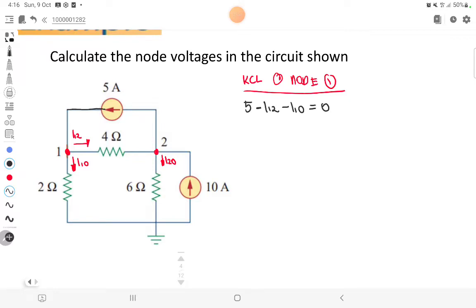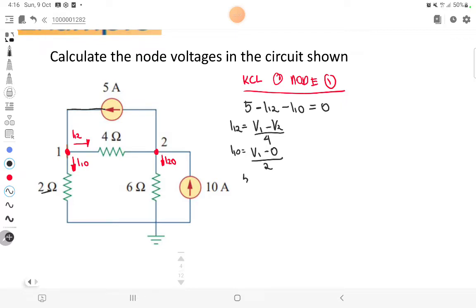But what is my I12? My I12 is, of course, the voltage V1 minus V2 divided by the resistance 4, and my I10 is equal to V1 minus the lowest potential 0 all over my resistor 2 ohm.